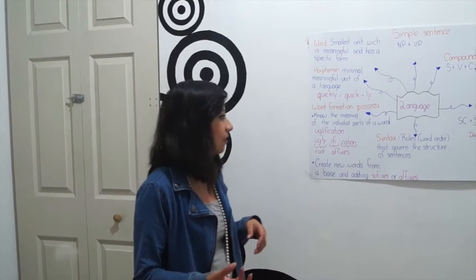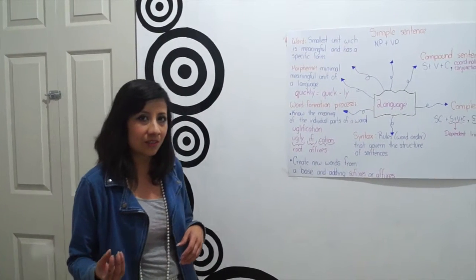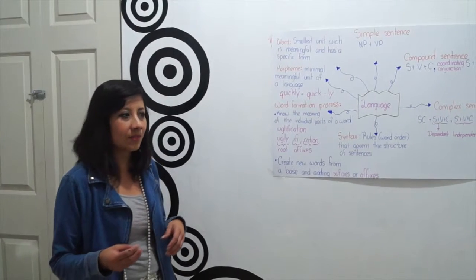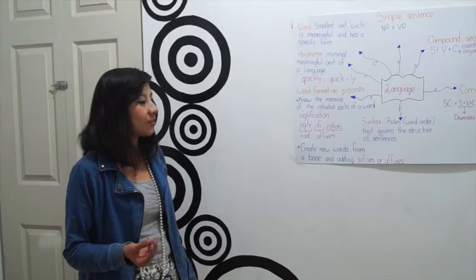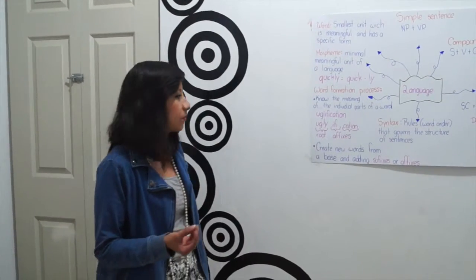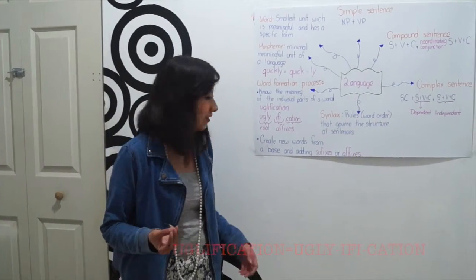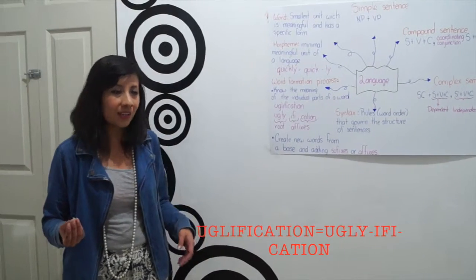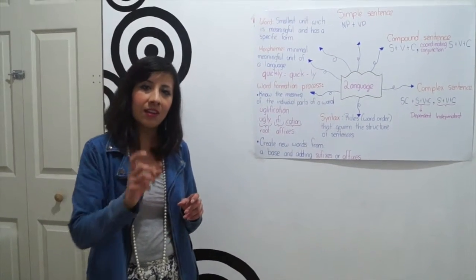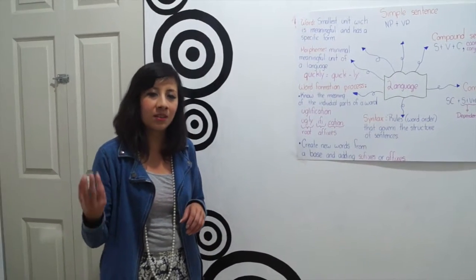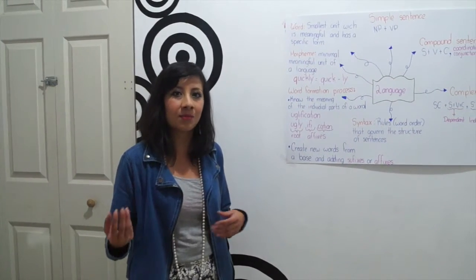For example, uglification. Probably I haven't heard the word before, but since I know the meaning of the root, that is ugly, and then ify and cation, I put it all together and then I can know the meaning of the word, even if it's the first time that I listen to it.